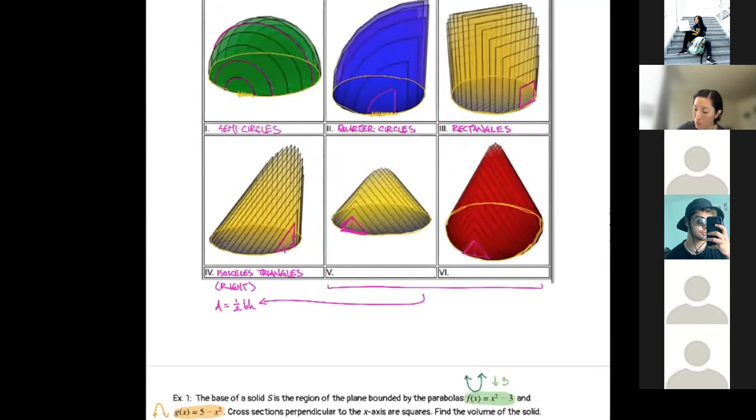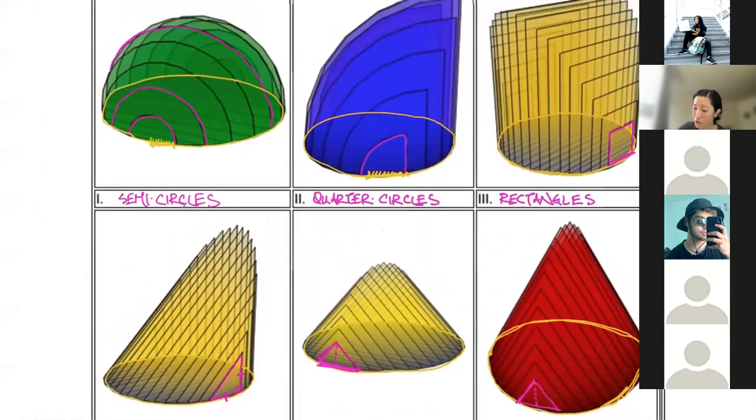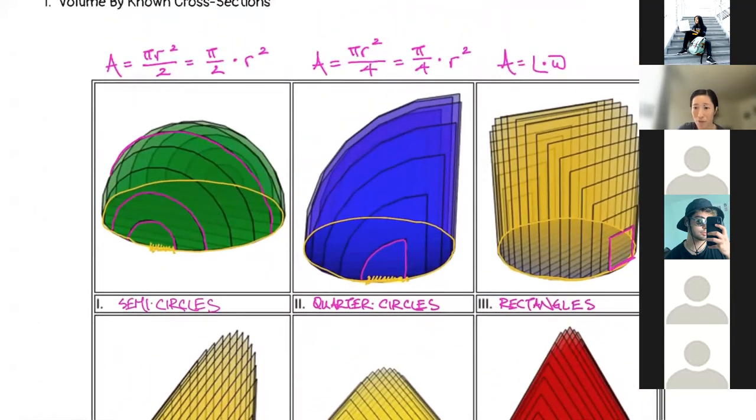There's a reason why I grabbed some photos from the internet here, because for me to sit and try and draw these as well as this computer generated graphics did, I think I would leave you all much more confused than actually making any sense, okay? But here's what we have drawn.